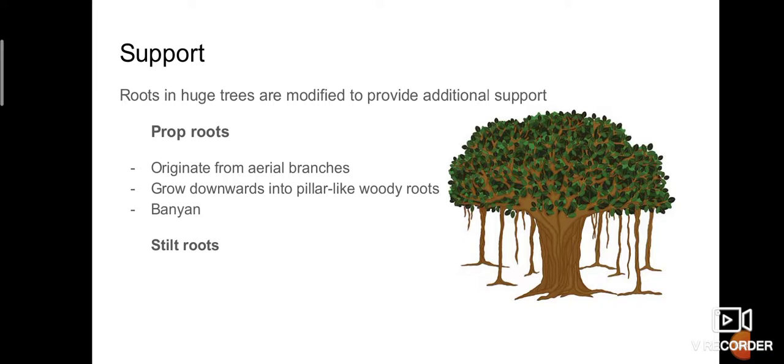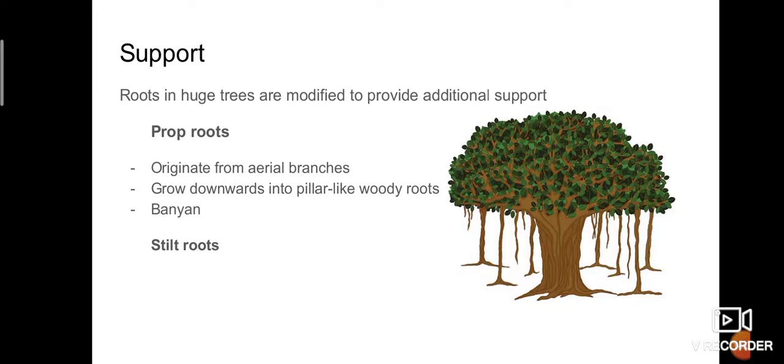In huge trees, the roots are modified to provide additional support. Even though the main root is very thick and strong, some additional support is needed for that huge plant.